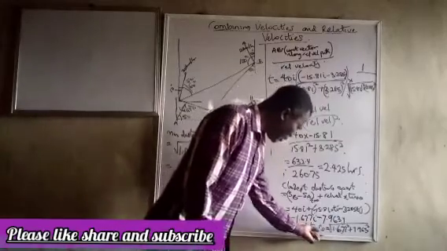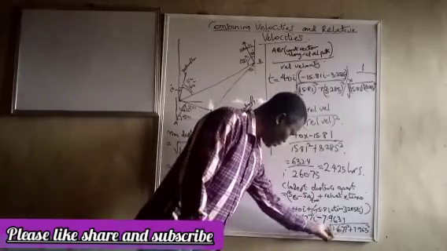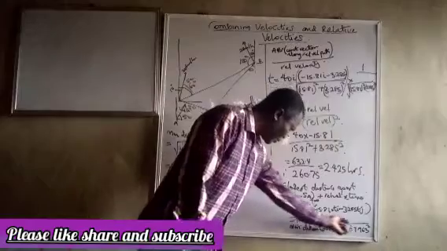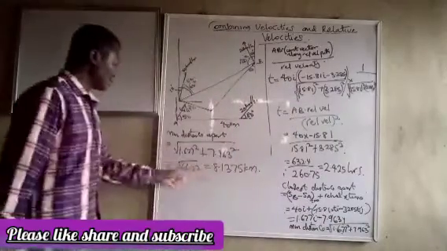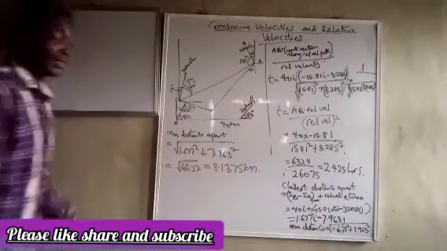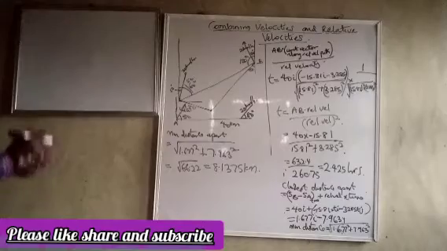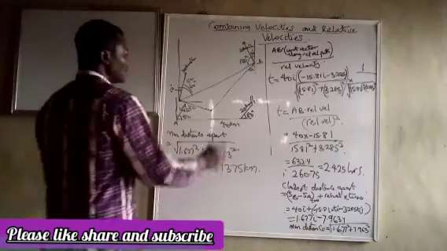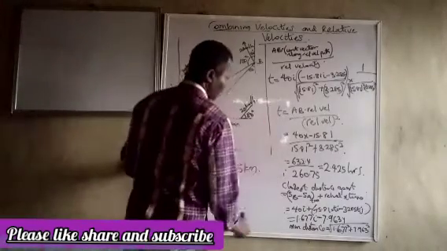So minimum distance apart is going to be the square root of the sum of the squares of this. So look at it. And that is the minimum distance apart. Another way you can do that is by doing vector products.